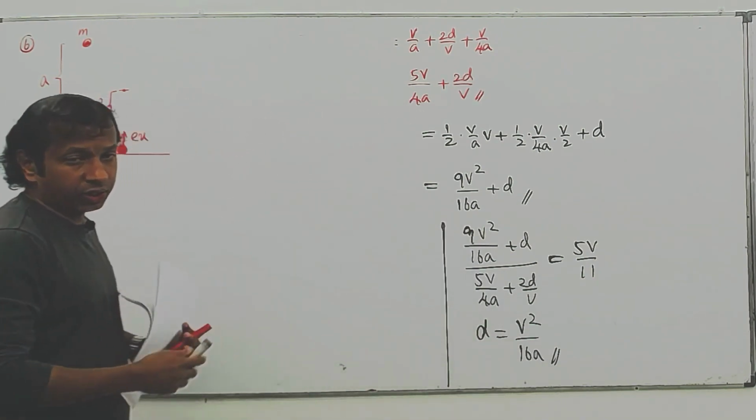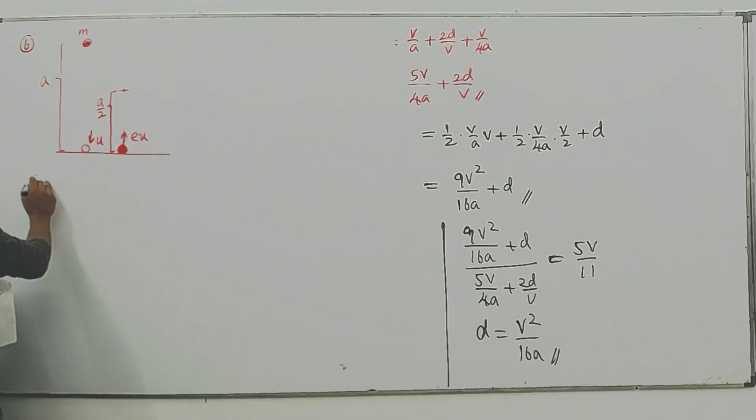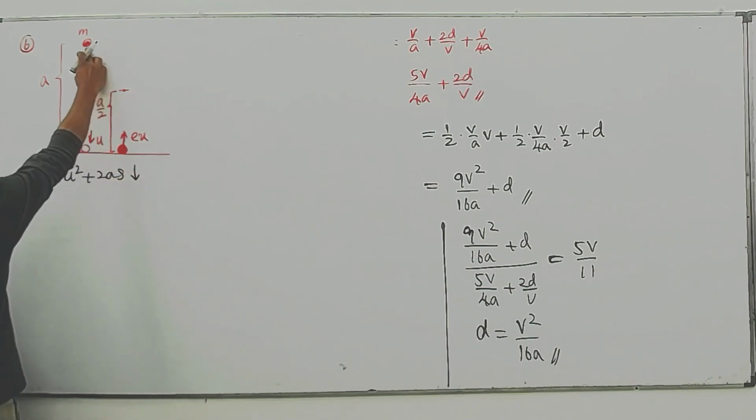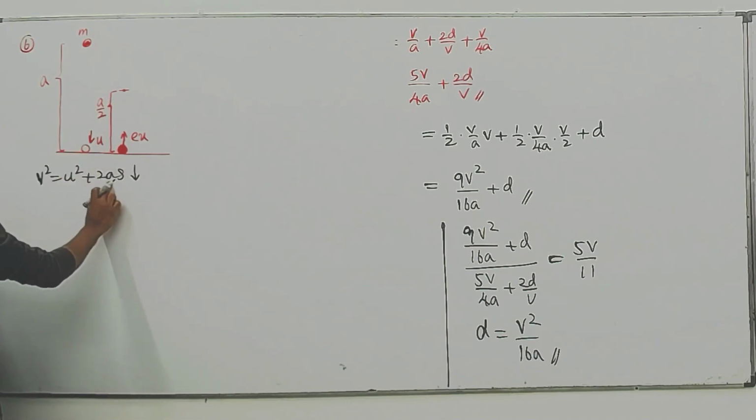For that we use v squared equals u squared plus 2as, downward. Initially it is dropped, so the initial velocity is 0, and s is a, v is u. Then u squared equals 2ga, so u is the root of 2ga.